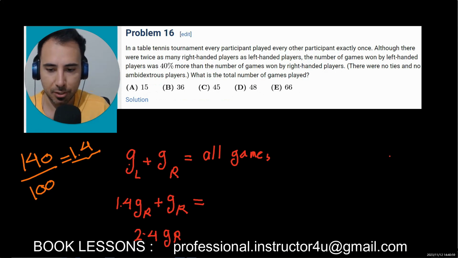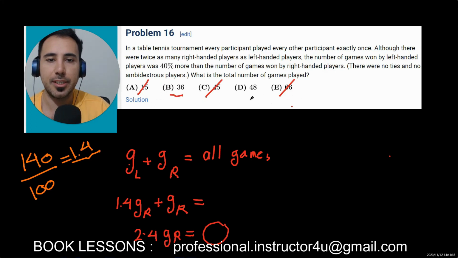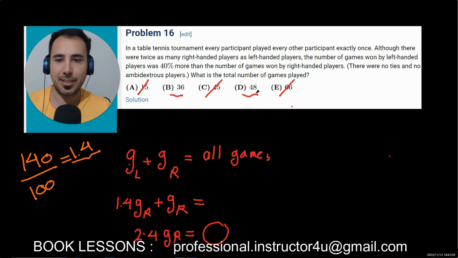It has to be an integer. When you multiply it, this again has to be an integer. That means the number we divide by 2.4 must still be an integer. So when you do this, this will be out, this will be out, and this will be out. These are the only two numbers that are possible for the total number of games.